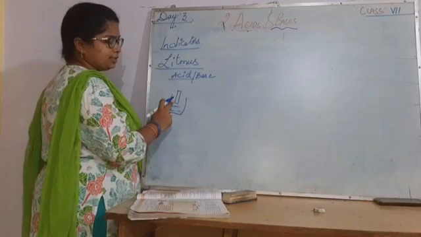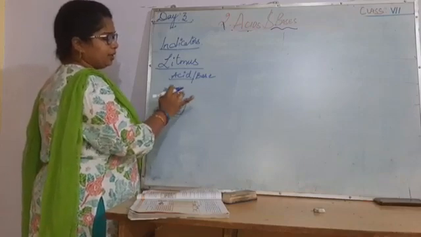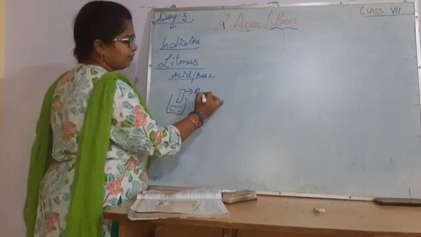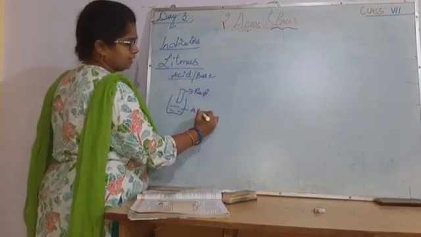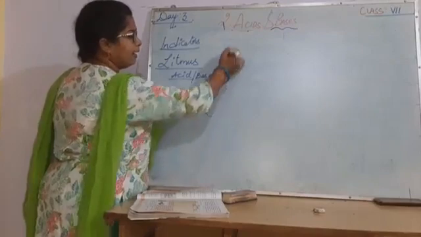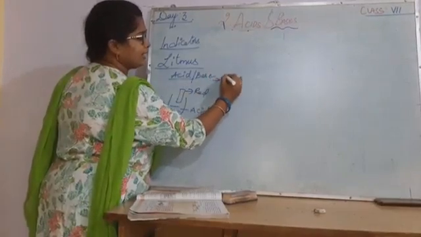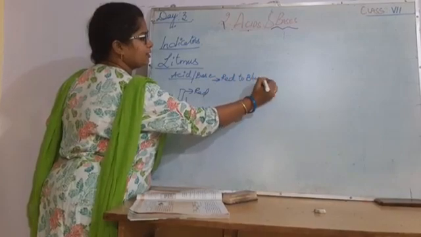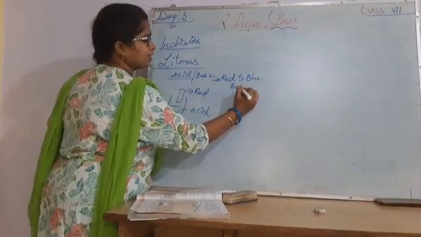If it does not change its color, then you put blue litmus paper. If it changes into red, then you can say it is an acid. If red litmus paper changes to blue, then we say it is a base in nature.